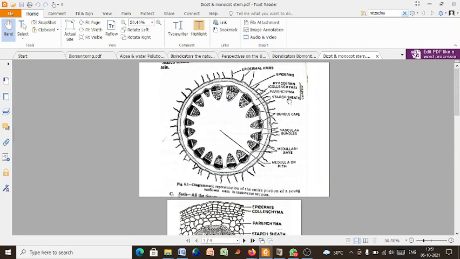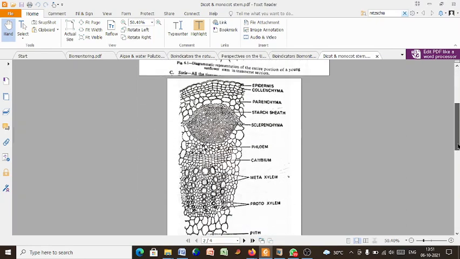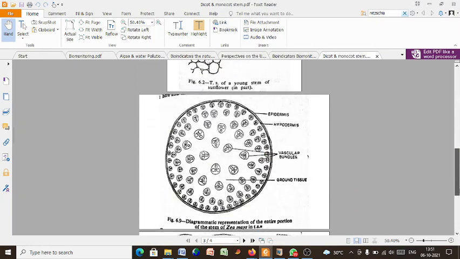So this is the cortical region composed of hypodermis, parenchyma, and starch sheath. This region is completely absent in monocot.